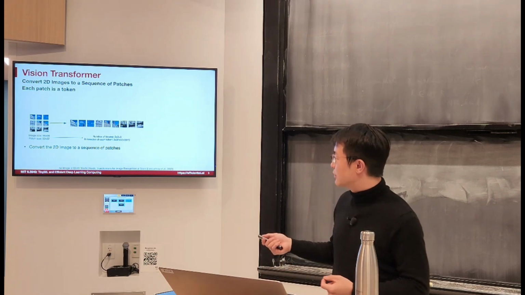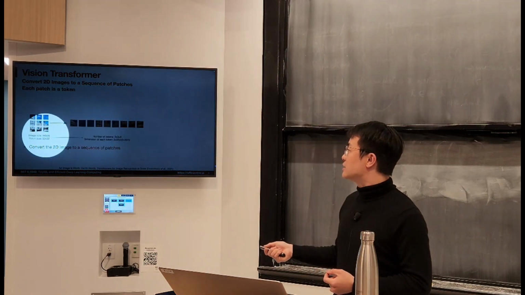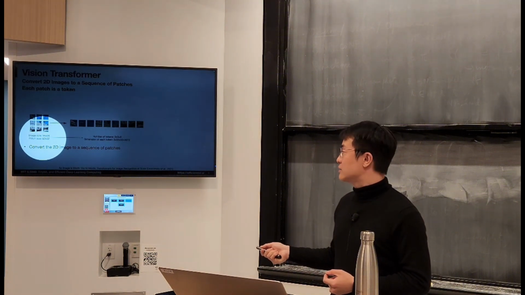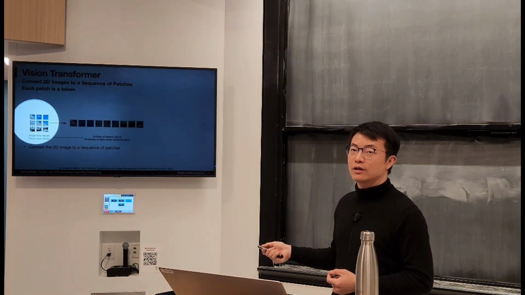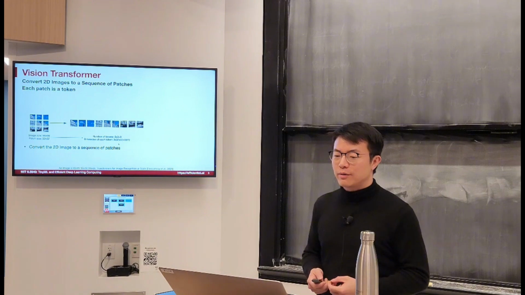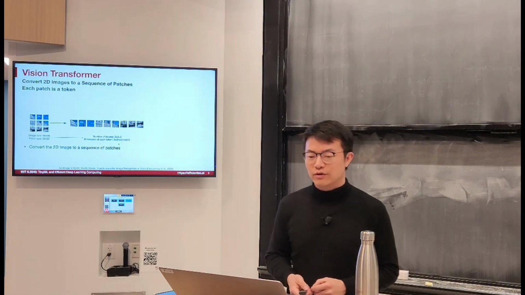For example, the original image dimension is 96 by 96, and the patch size is 32 by 32. So here we have 9 tokens. The dimension of each token is 3 by 32 by 32, so roughly 3K.